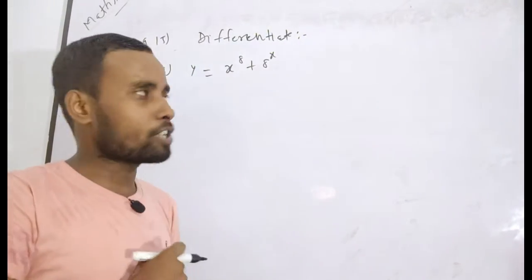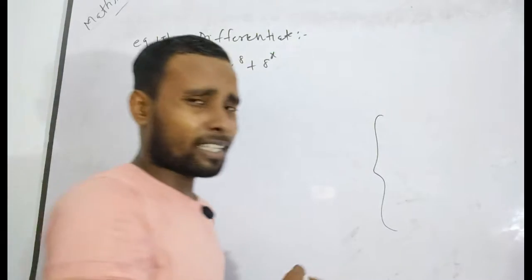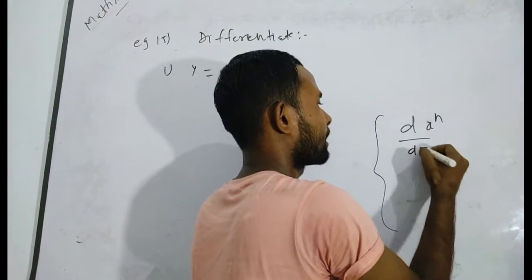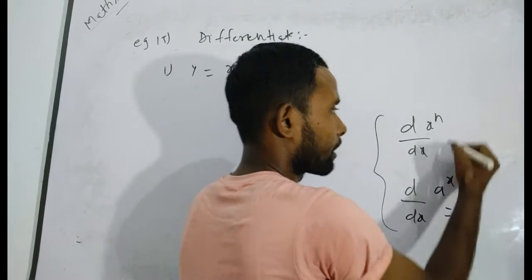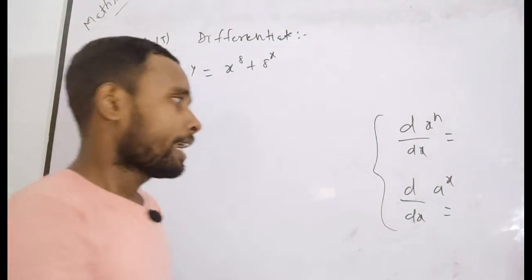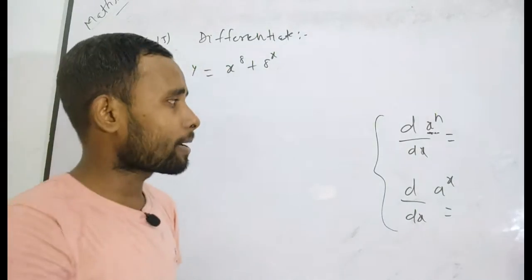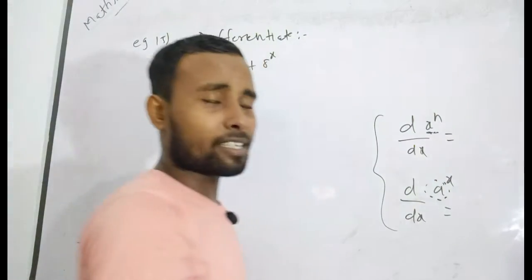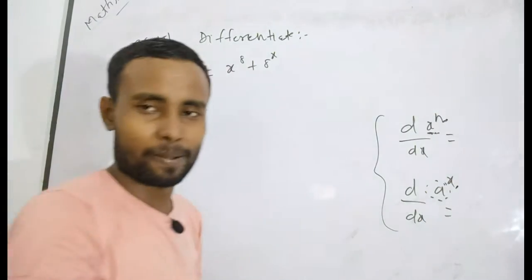Now I want to tell you one important point. Do you know what is the difference between the derivative of x to the power n with respect to x and the derivative of a to the power x with respect to x? Here x is a variable and n is a constant, while here a is a constant and x is a variable.